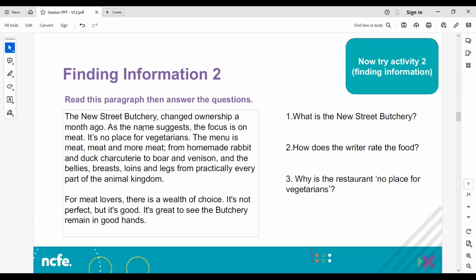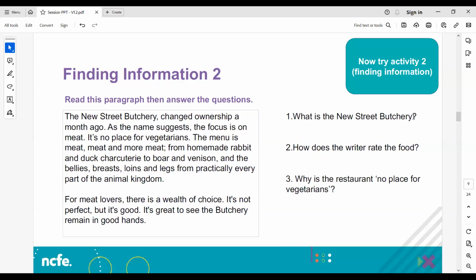Okay, so the New Street Butchery, it's got a menu. The menu is meat, meat and more meat. What type of place? It's a restaurant because it has a menu. Okay, so it's a bit of a trick, really. They want you to show that you truly understand what you have read.